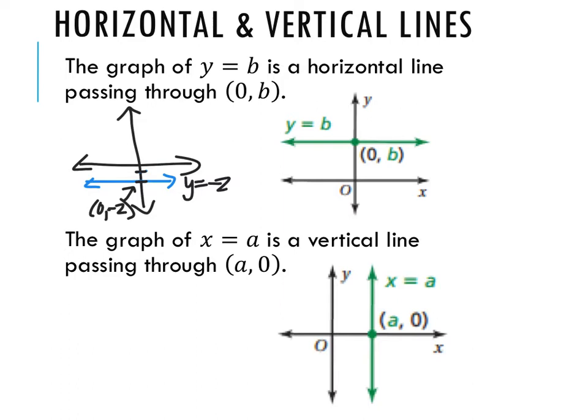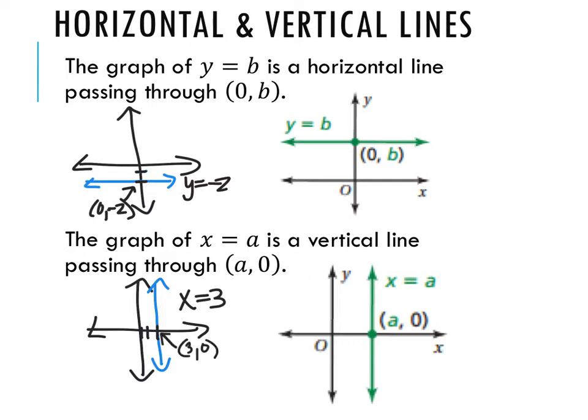So an example for that might be, I'll do a positive this time. So it could be negative, it could be positive, and let's pretend that it crosses at 3, so it would be x equals 3, and it has an x-intercept of (3, 0). So notice that the horizontal line crosses the y-axis and a vertical line crosses the x-axis.